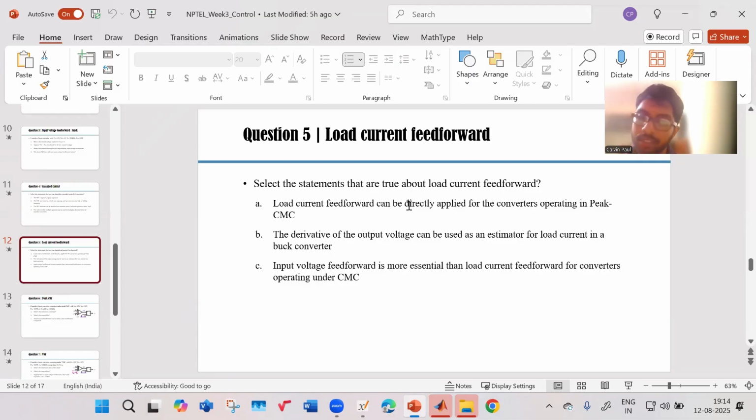Input voltage feed forward is more essential than load current feed forward for converters operating on current mode control. No, because your current mode control has information of your input voltage, but it doesn't have information about your load current. That is why you need to add load current feed forward for current mode control. It is better.